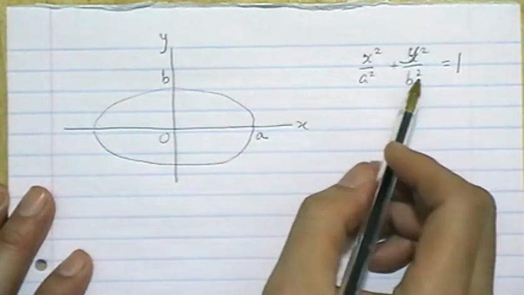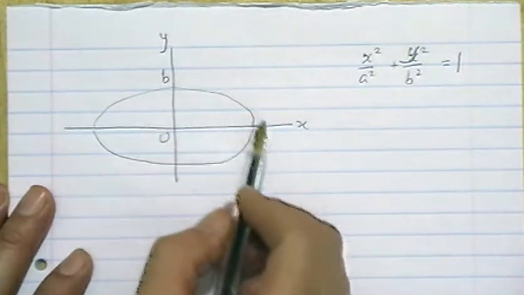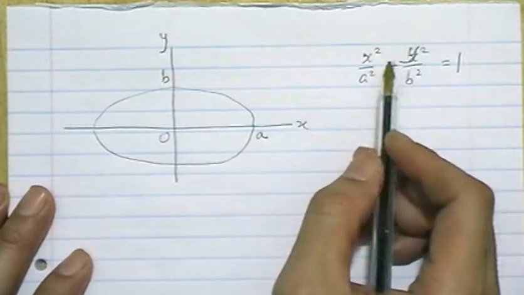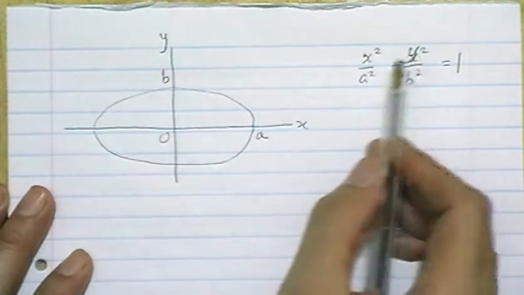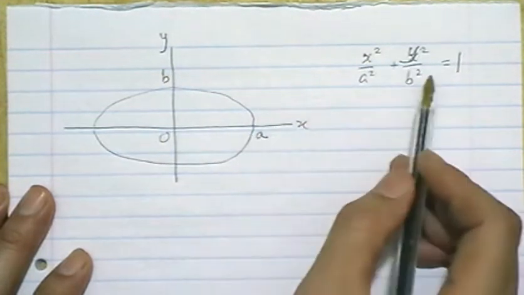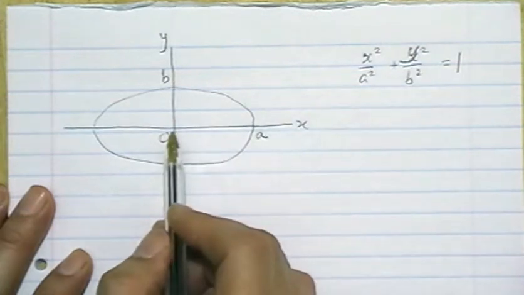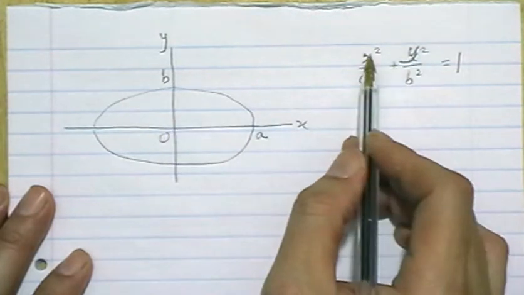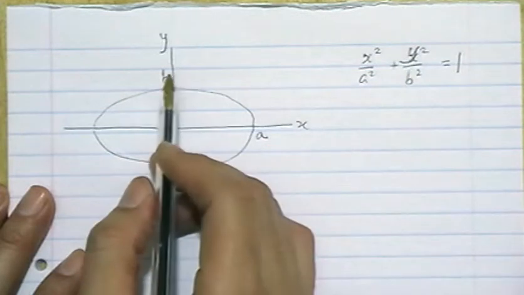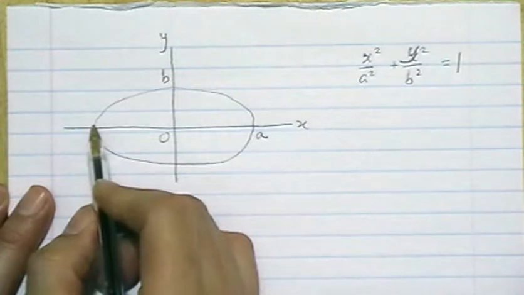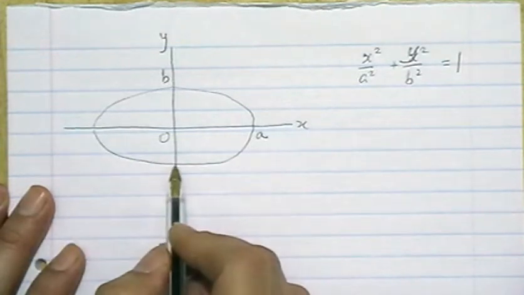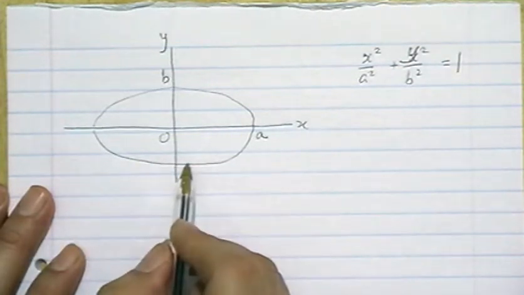Now it's quite easy to see roughly that the curve has to do this when y is 0. If we set y to 0 and solve for x, we get A. If we set x to 0 and solve for y, we'll get B. And likewise, we can get these two points where it cuts the x and y axis.